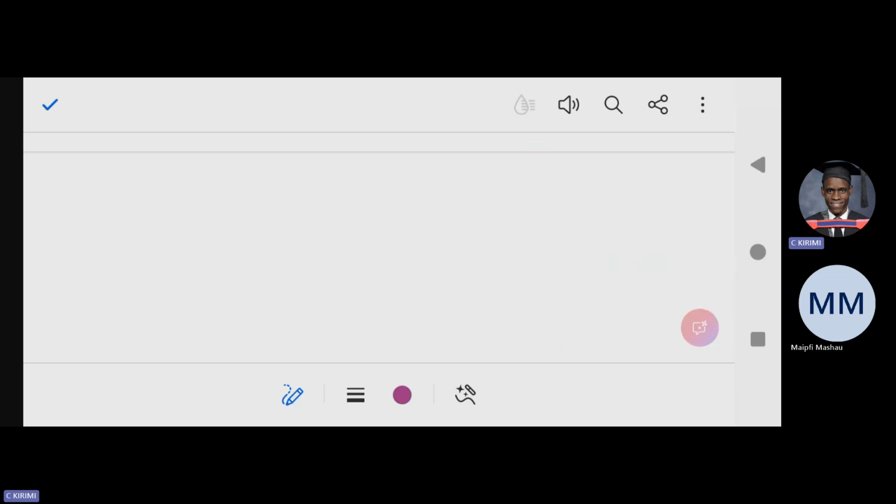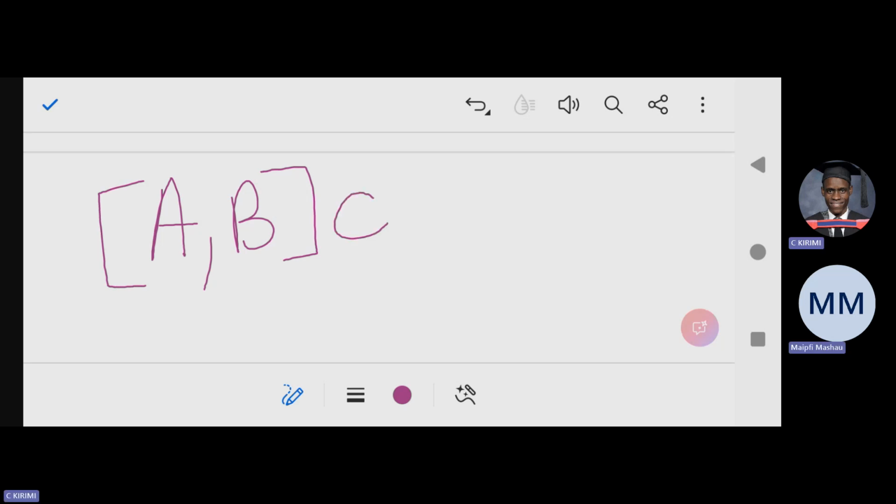We are having a commutation relation of A and B, but C must always sit on the right side. So this is the same as first it's A multiplied by B, but the C is sitting on the right.